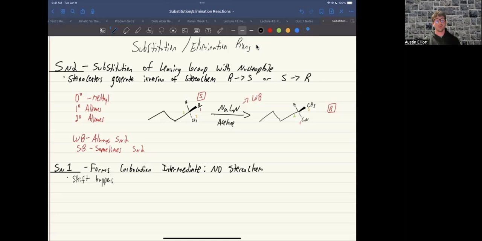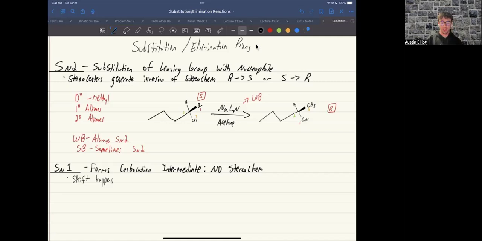If you have the opportunity to shift to a more stable carbocation, like going from a two to a three, that's where that group is going to add on, even though the original leaving group was not there. You can shift just like some of our mechanisms that we had for test two. Just recognizing that and remembering what a carbocation shift looks like is really important here.